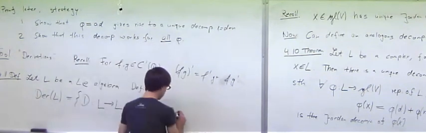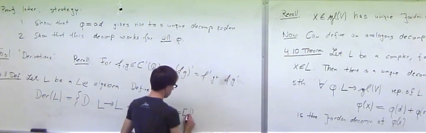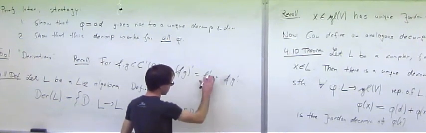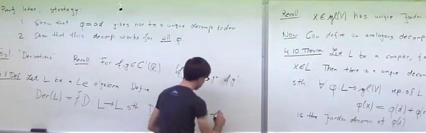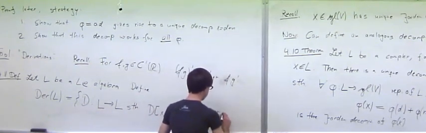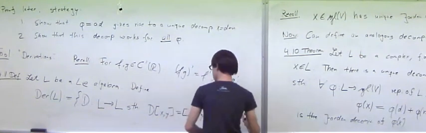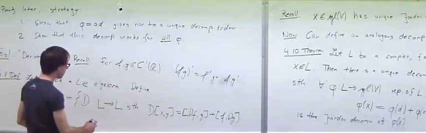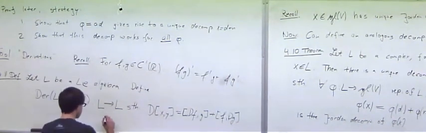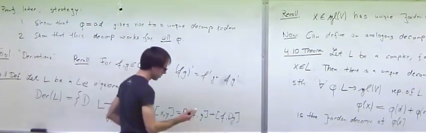This should be the same thing as the bracket of Dx, y plus the bracket of x, Dy. And this rule is supposed to hold for all x, y elements of the Lie algebra.